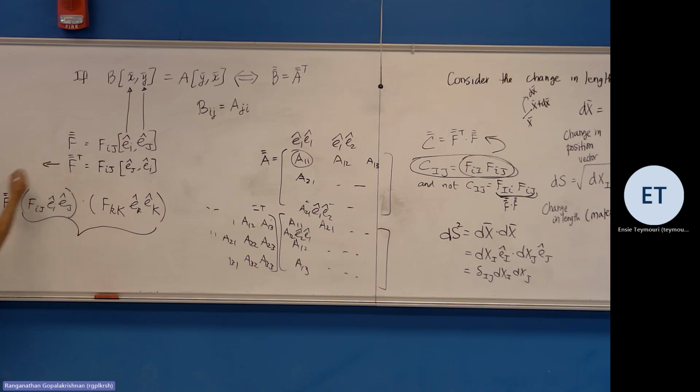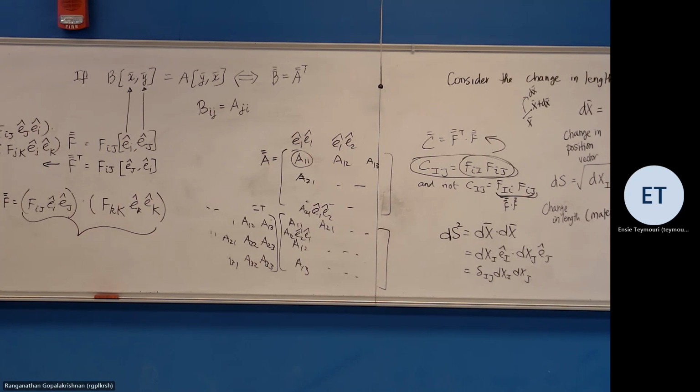If this is the case, F transpose dot F would be F_ij e_j e_i dot, and then I need F, which I write as F_jk or whatever, e_j e_k.